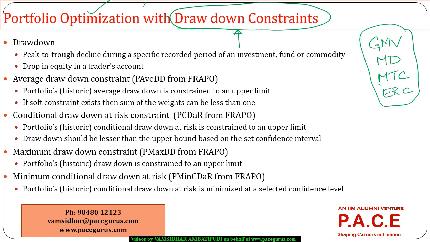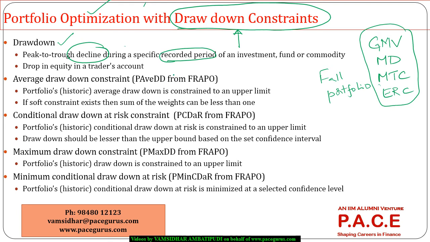So as a word, drawdown is nothing but the decline, the fall in the value of my portfolio during a particular period, right?